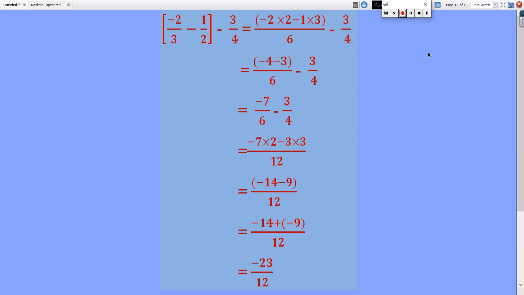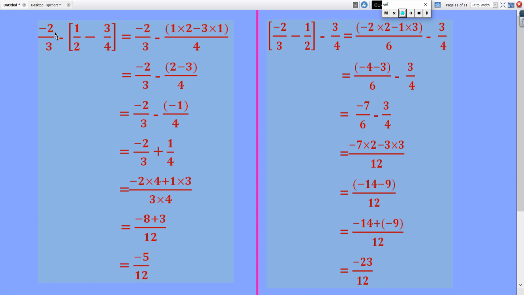Now what did you get in the first case? Negative 2 by 3 minus 1 by 2 minus 3 by 4, you got the answer negative 5 by 12. And in the other, you are getting negative 23 by 12.